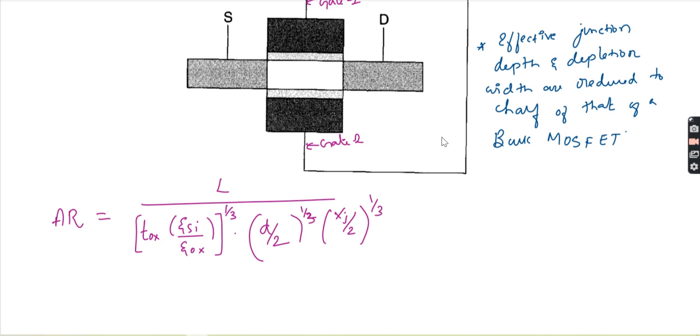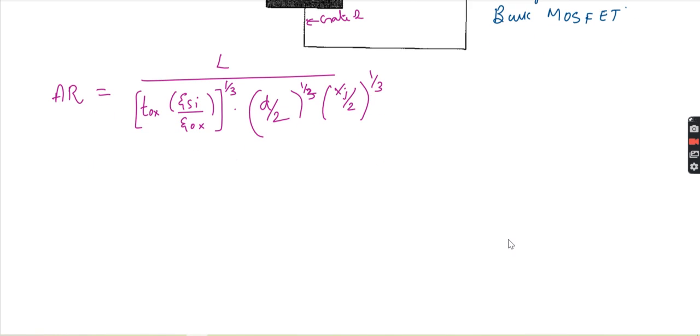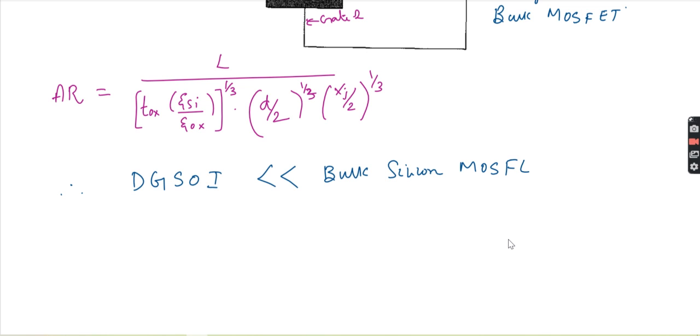Therefore, the short channel effect of a DGSOI MOSFET is much smaller than the bulk silicon MOSFET.